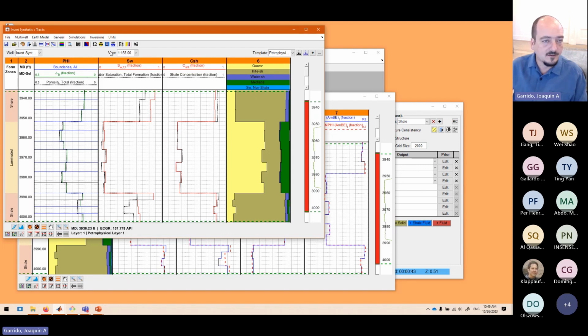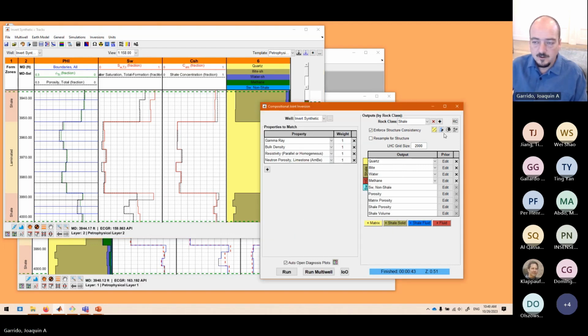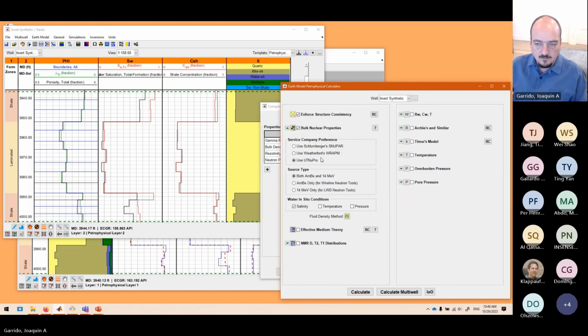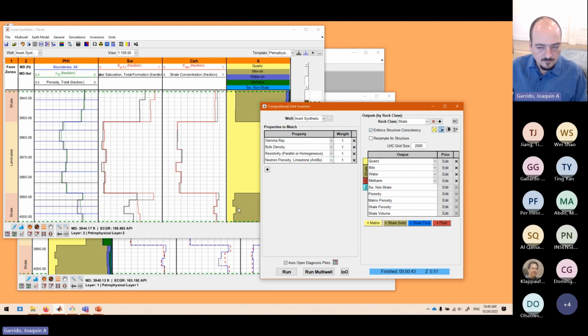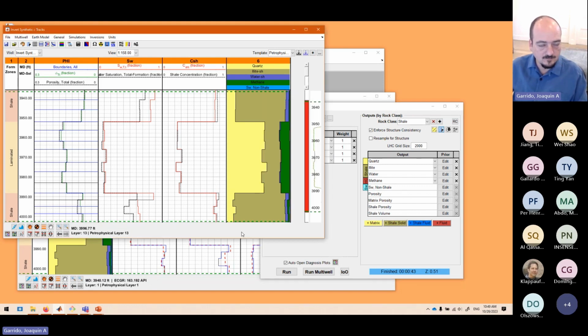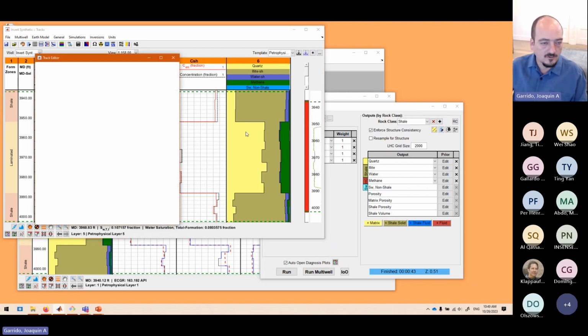And like I was saying, in the properties, no, the units are okay. The units are okay. That could only be in the inversion. There are some cases where it's not doing a great job, but for the most part it's doing a very good match.